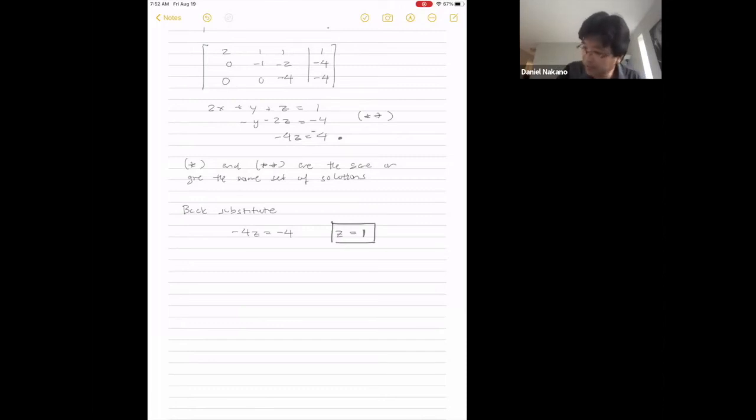We have -y minus 2z is equal to -4. Now we know z equals 1, so we plug it in. So minus y, -2 is equal to -4. That means -y is equal to -2, and so y is equal to 2.